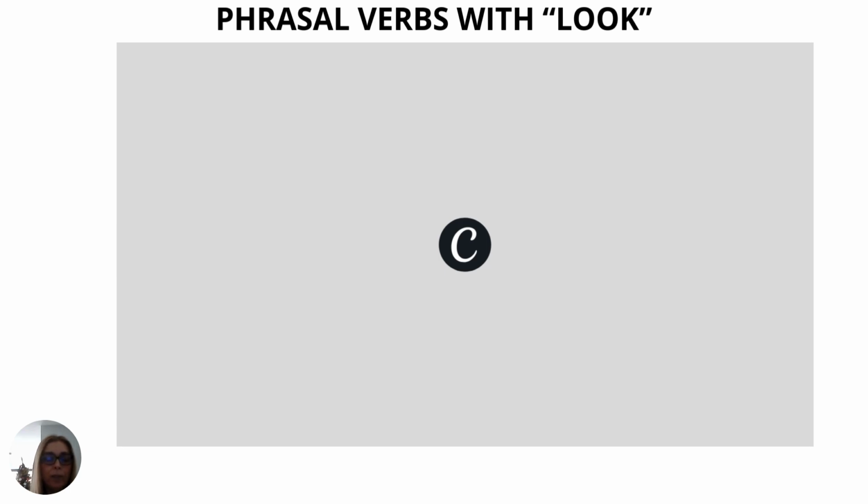Another example of phrasal verb with look is look forward to. It means to anticipate with excitement. It's like waiting for something, but with emotion. I look forward to the weekend is an example of this phrasal verb.